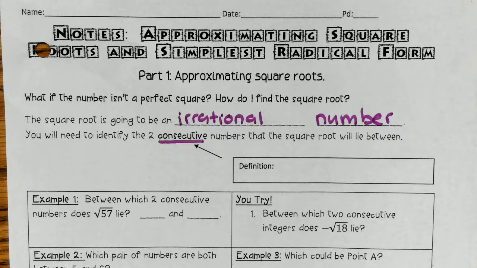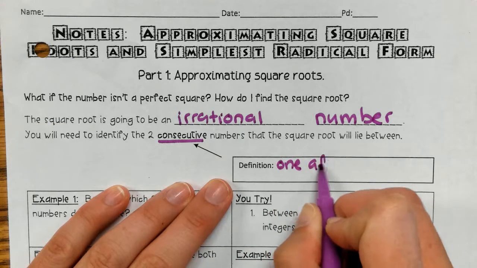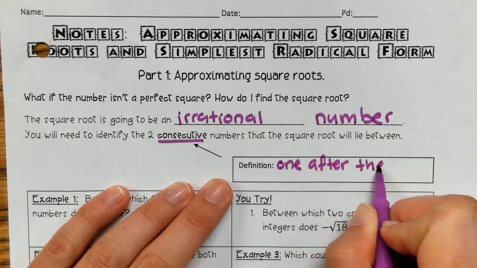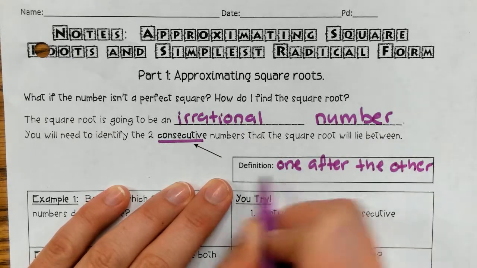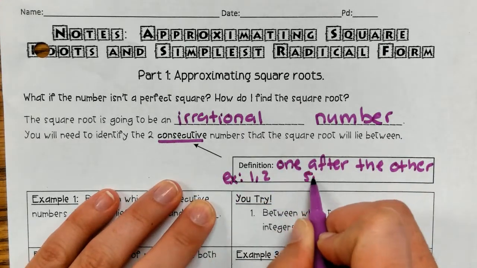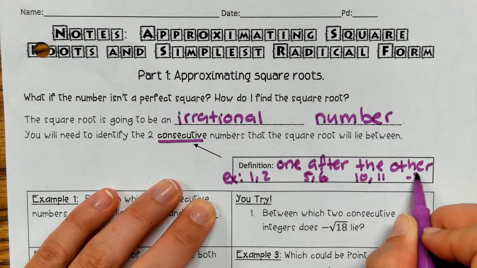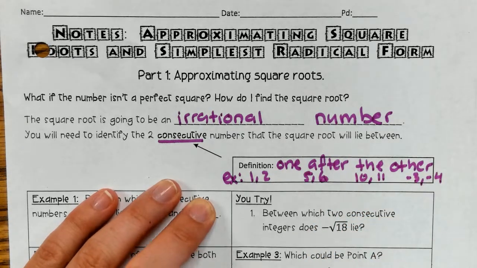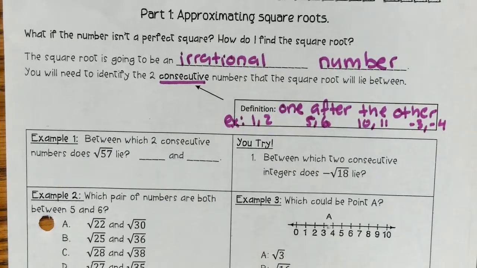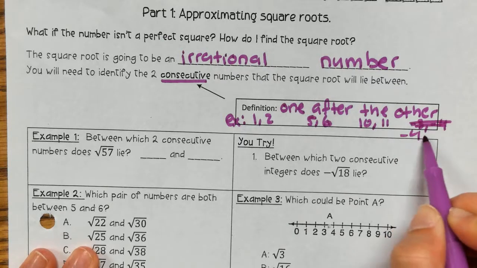Those are skipping numbers. So the definition of consecutive is back to back or one after the other. So 1 and 2 is an example, 5 and 6, 10 and 11, -3 and -4. Sorry, we should write these in order. -4 and -3.